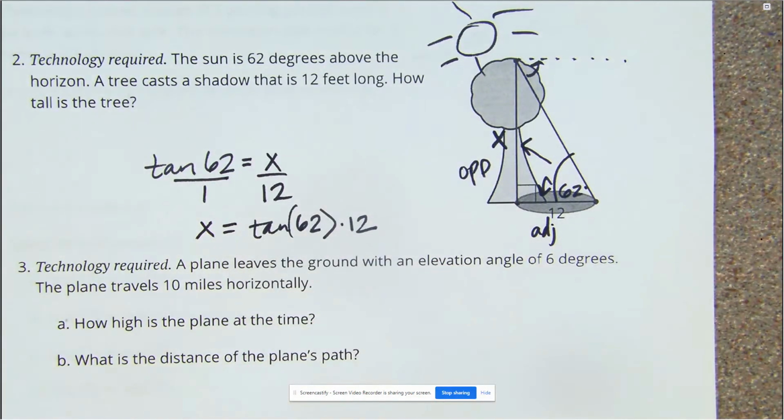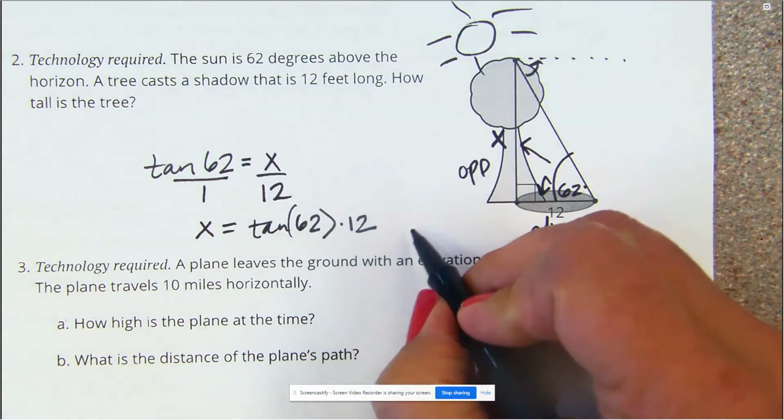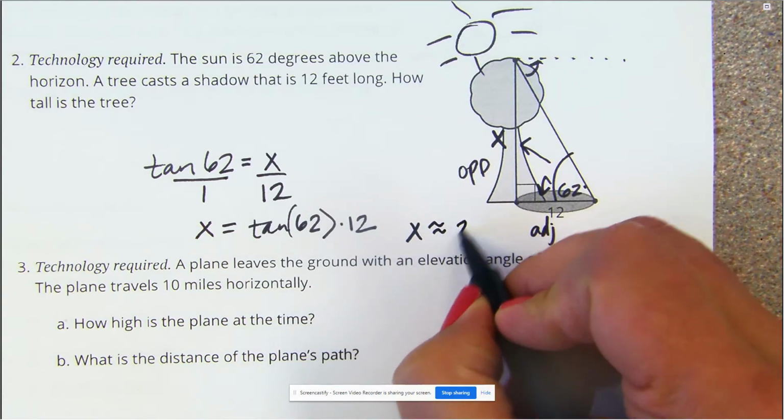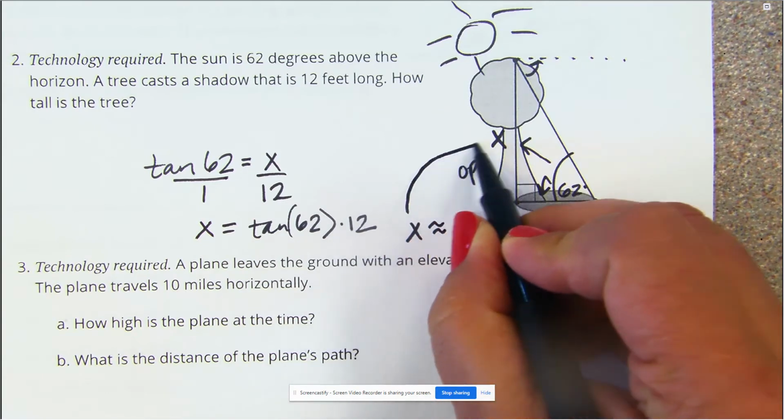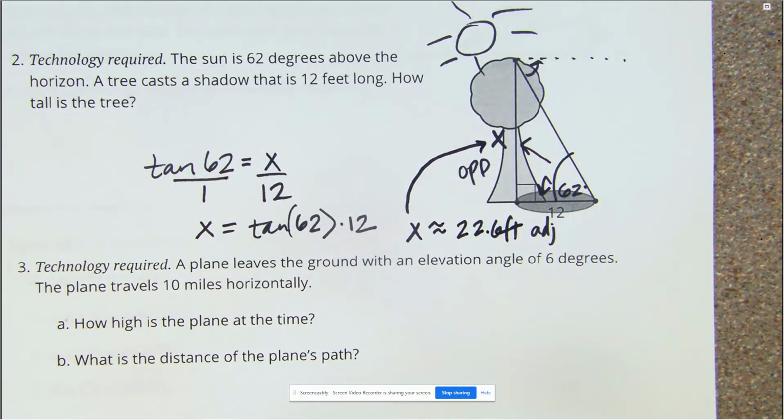Go to my calculator. Tangent 62 times 12. The tree is approximately 22.6 feet tall. If you're not getting that answer, make sure your calculator's in degree mode.